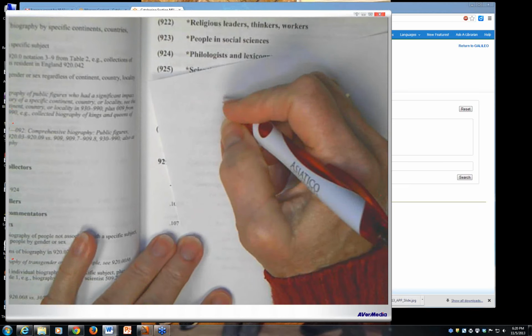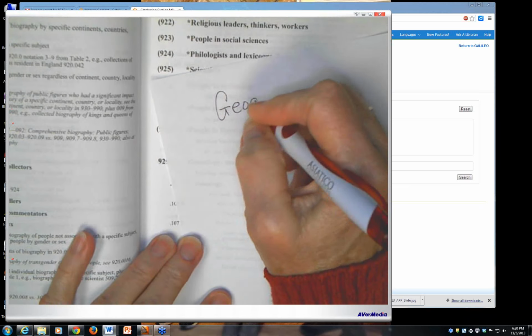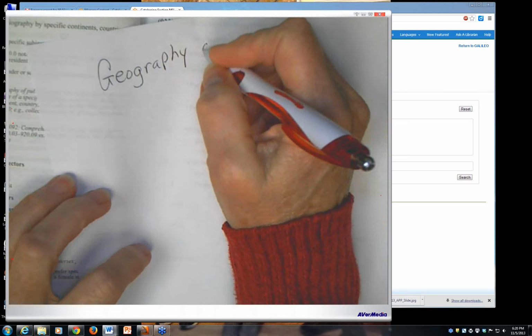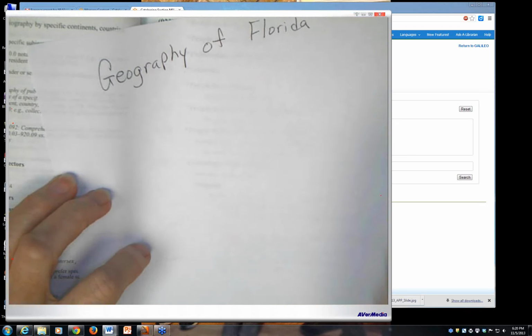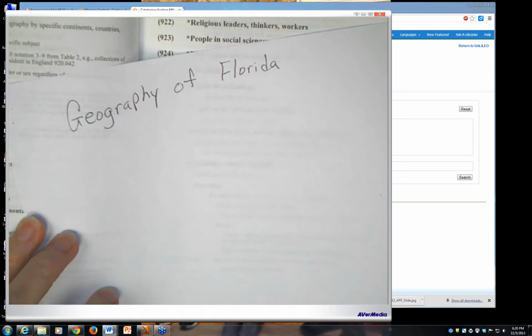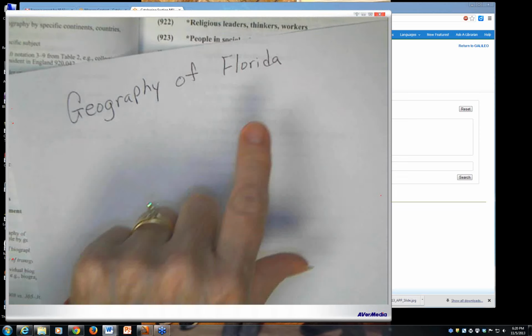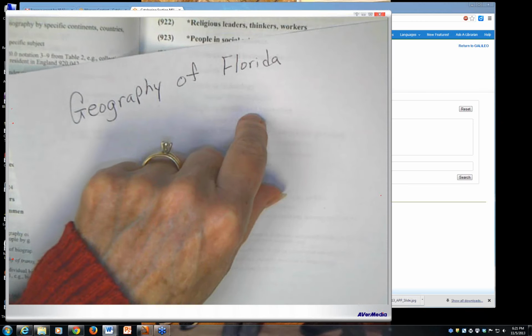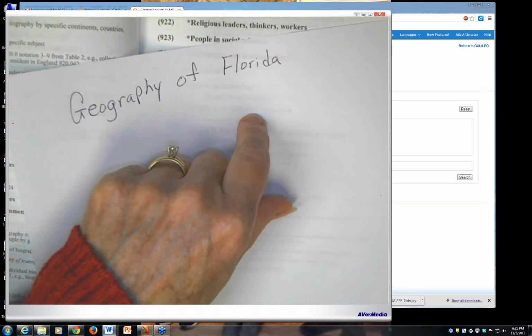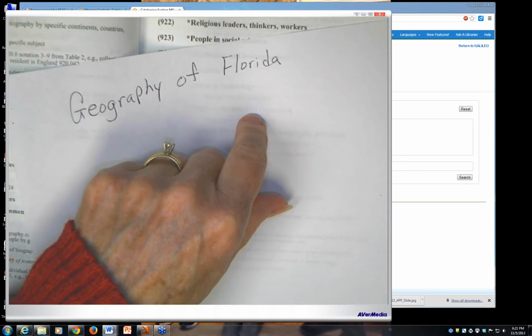I'm going to make up a geography title. This is on the topic of geography, and let's say this is the geography of Florida. Okay, this is our title. If we look up Florida, we are going to find the Table 2 number. That's all we're going to find. We can't use Table 2 by itself, as you well know.